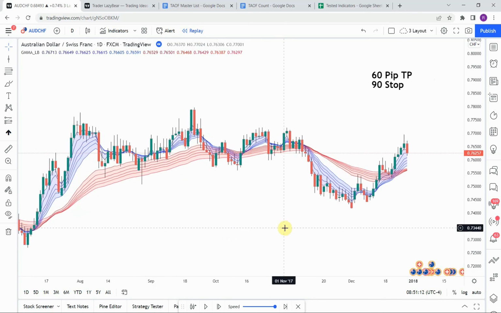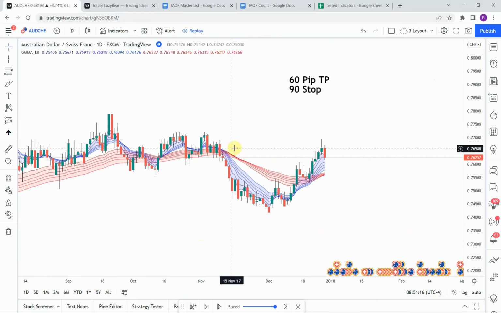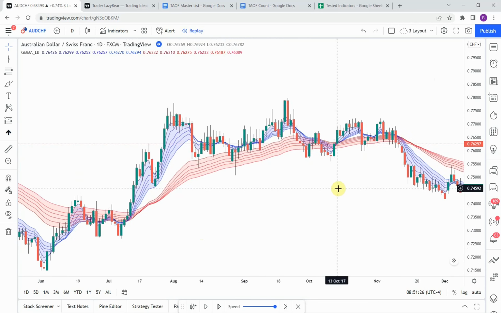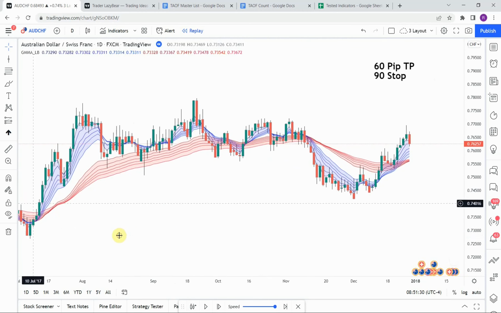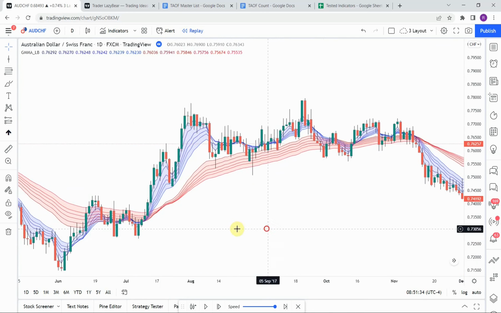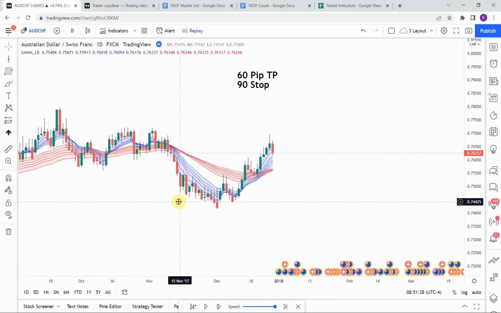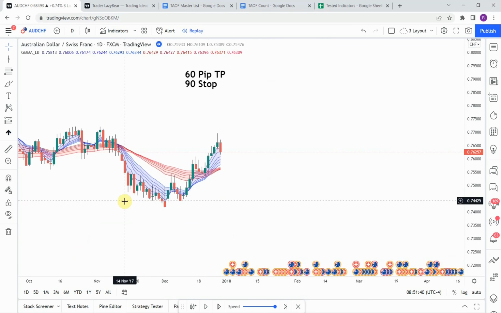What we are looking for is when the blue completely crosses down below the red, then that will be a signal to go short. When the blue bands completely cross to the upside of the red, then we are going to go long. That's the setup we're looking for. Let's go ahead and get on with the testing and see what we can get out of it.